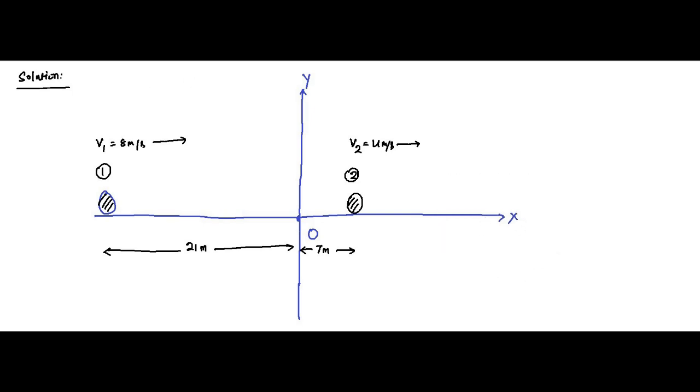Okay, so let us say they meet here. Both the particles, 1 and 2, meet at this point, which is, let's say, after a gap of x from the initial position of particle 2, a displacement or distance of x meters.